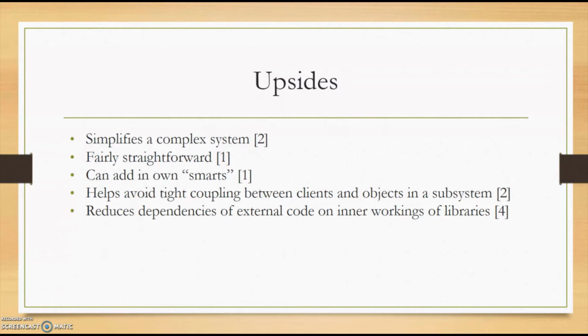And this helps to reduce all those dependencies and make it so that there's just a simplified interface that can be accessed. And this last bullet point kind of goes along with that. It reduces dependencies of external code on the inner workings of the libraries. So all of its in-depth knowledge about the libraries doesn't need to be known. It just has its simple interface I can access.